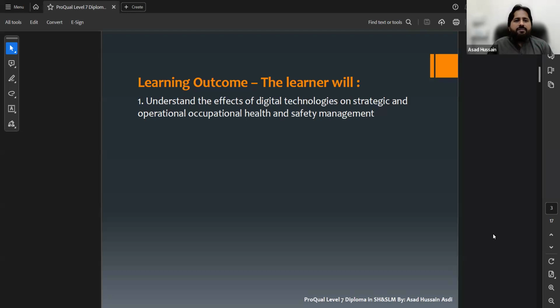The purpose of this learning outcome is to give the candidates an understanding of the effect of digital technologies, how they are affecting the strategic operational activities of any organization's occupational health and safety management system.